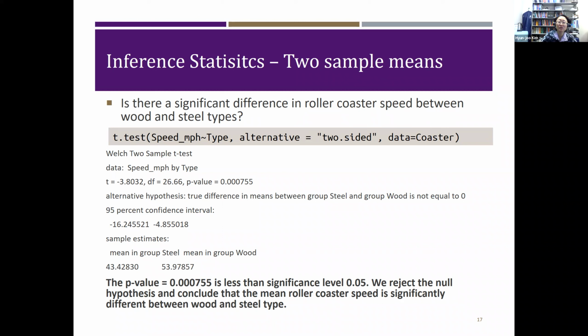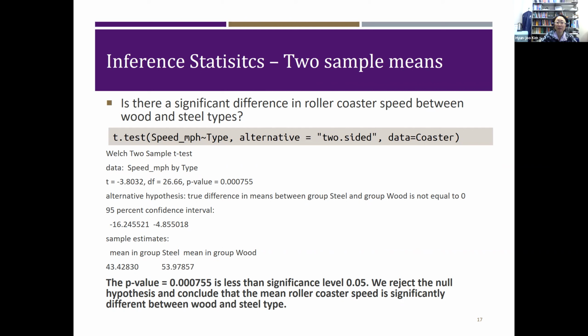Depending on the data structure, we'll use a slightly different format for a two-variable or two-sample t-test. As in the current roller coaster example, if all y is in one column and another variable, here type x, is a separate variable, we'll use y tilde x, just like we are doing it here. Sometimes our data structure might be a little bit different.